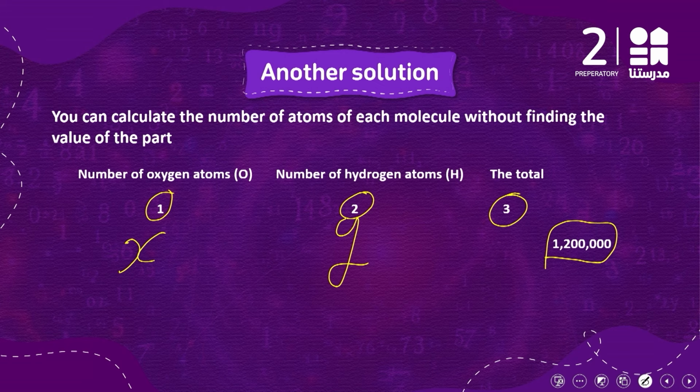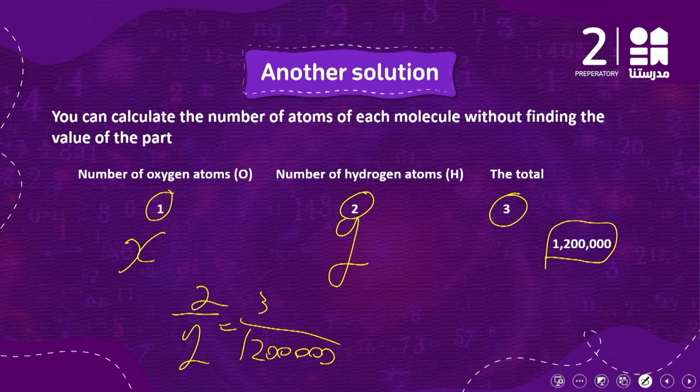Let's use the proportional and especially the cross multiplication property. You can write this part as a proportional. So we have 2 over y equal to 3 over this number.